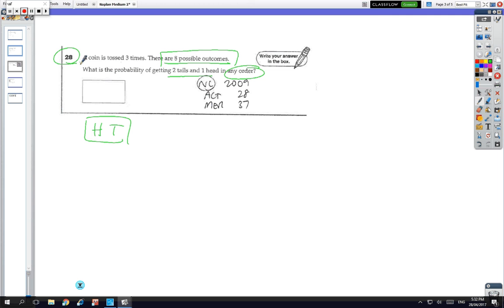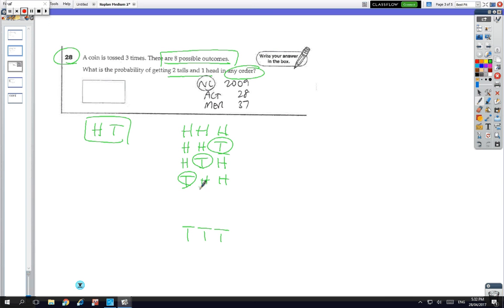Okay, so if you wanted to, you could think about how you could list those outcomes. There's 8 outcomes. So one of them is head, head, head, and another one is tail, tail, tail. And so just being systematic, we're going to have head, head, tail. So we've got 1 tail, and then there's head, tail, head, 1 tail, tail, head, head.